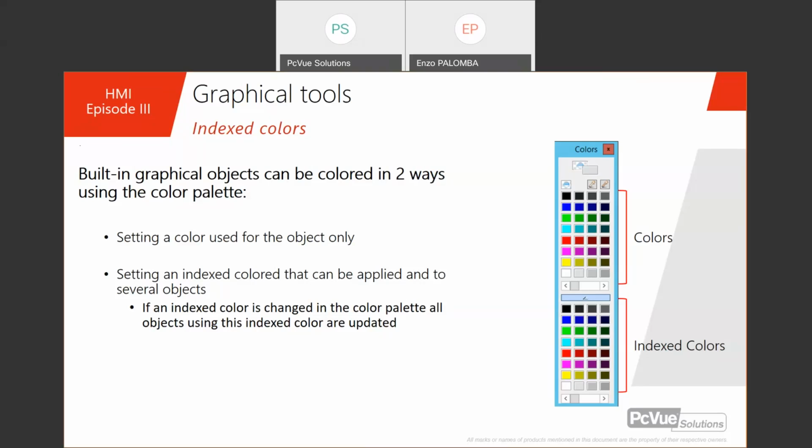So if you turn blue into a light blue in the indexed color palette, which is possible, then every object using this blue will turn light blue. This is very interesting, and it's a good way to save time when you have to change some colors for many objects.